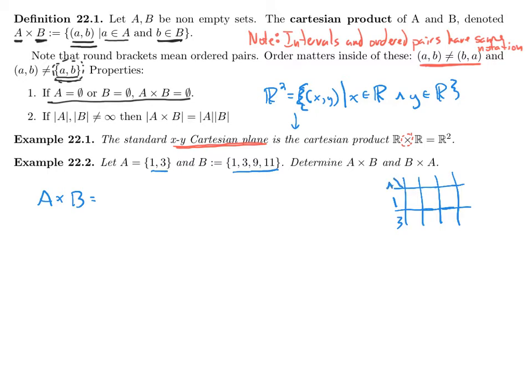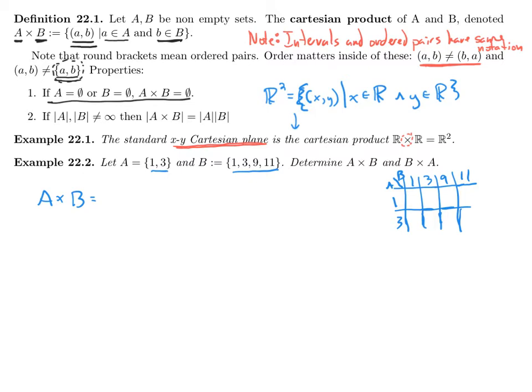So here's A. And then B will go across, and we'll put 1, 3, 9, 11. You can see there are 8 cells in this little diagram: 1, 2, 3, 4, 5, 6, 7, 8, which is unsurprising. It's 2 times 4. So there's going to be 8 elements in our Cartesian product.